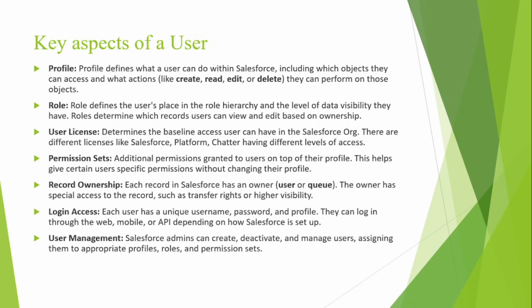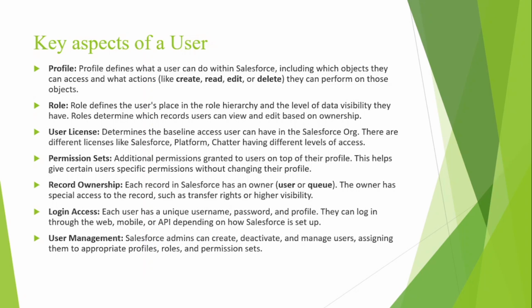Then what is the concept of role in creating a user? Role defines the user's place in the role hierarchy. Yesterday itself we had seen role hierarchy. So in the role hierarchy, where is that user going to exist, at which place? At the level of data visibility they have. So which type of data visibility is that user having?